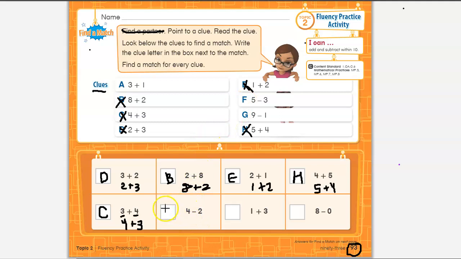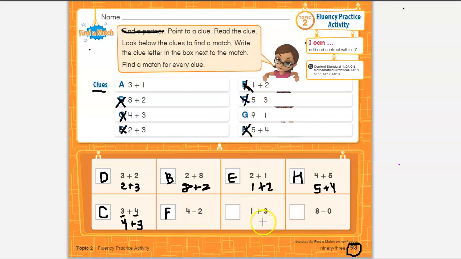That is a match. Now, like I said, this one's different. The equation doesn't look the same. Because it's subtraction, we are not able to flip the add-ins around and look for that clue. This time we had to use what the total would be if we were to do the equation.